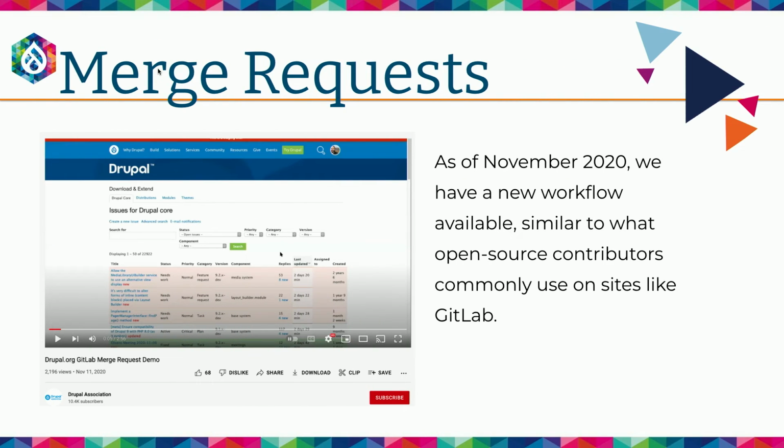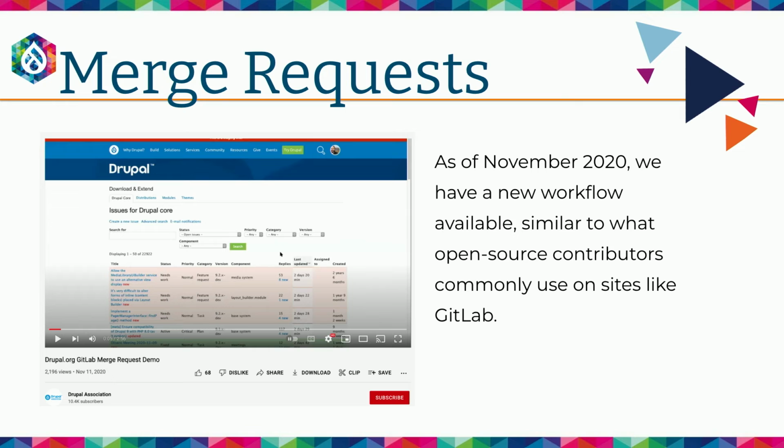As I said, I was mentioning merge requests there. If any of you have been around for a while, you might remember the patches, which are the files that show all of the changes that are happening in a piece of code, and you take the patch and you apply the patch locally, and it makes the changes. And we aren't using those anymore. If you still see patches, some people on contrib stuff are still using patches.